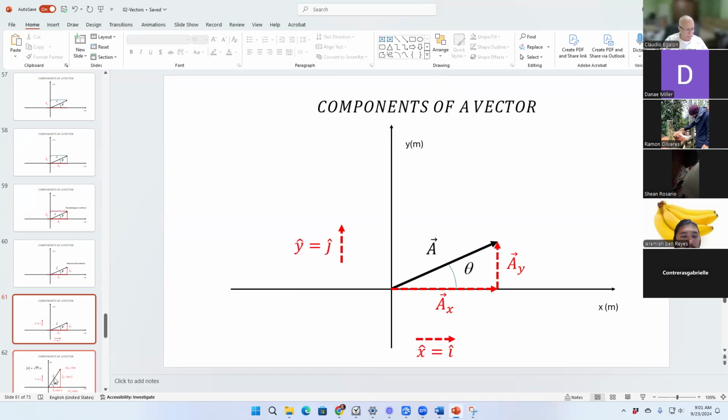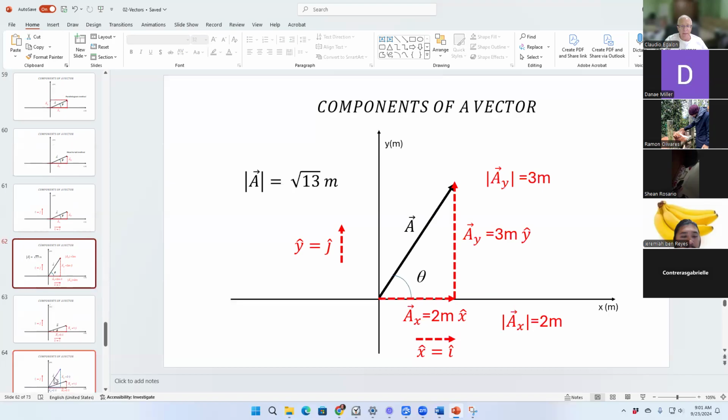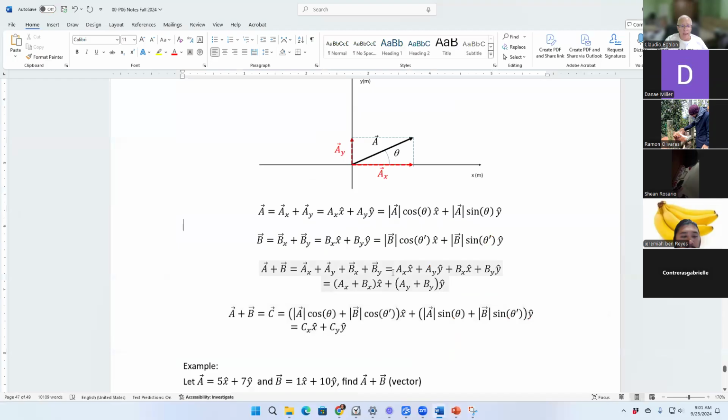And when we do something like that, now we can write each separate component, the AX vector and the AY vector, as a scalar that I call AX scalar multiplied by x hat, the scalar component of the vector, and AY times y hat.